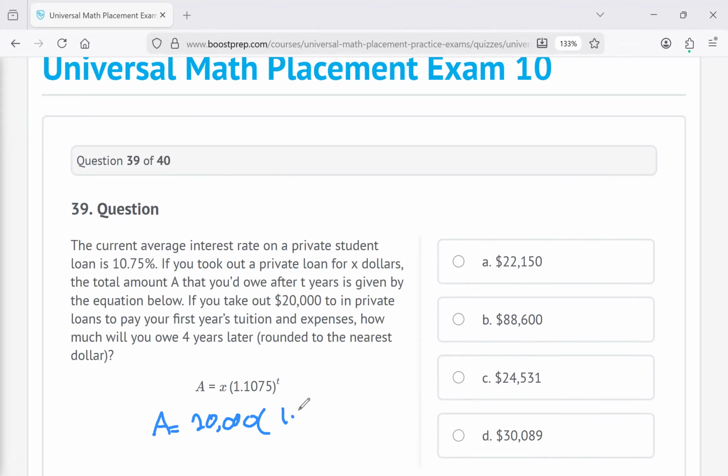Rate is 1.1075. What they did was they took 100% plus 10.75%, and then they converted that to a decimal by moving the decimal point two places to the left. And then we're going to replace our t with 4.